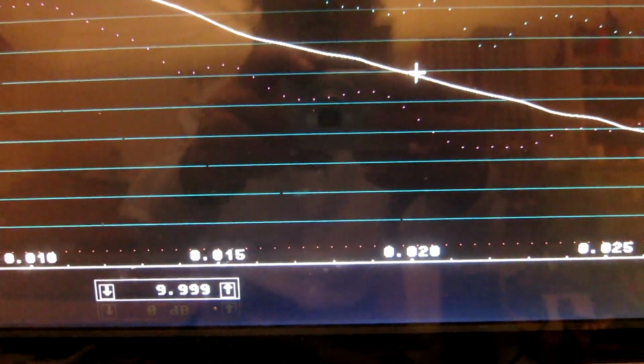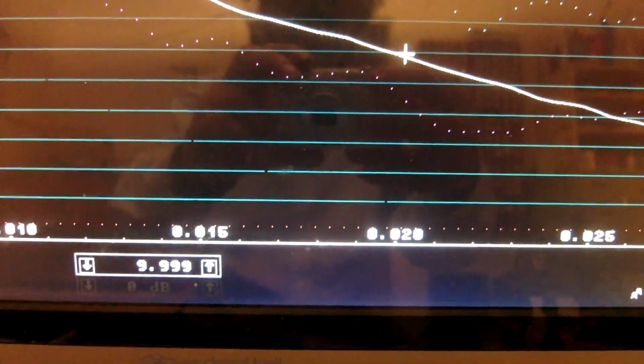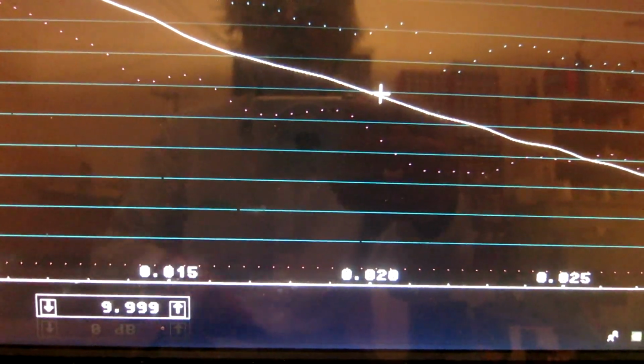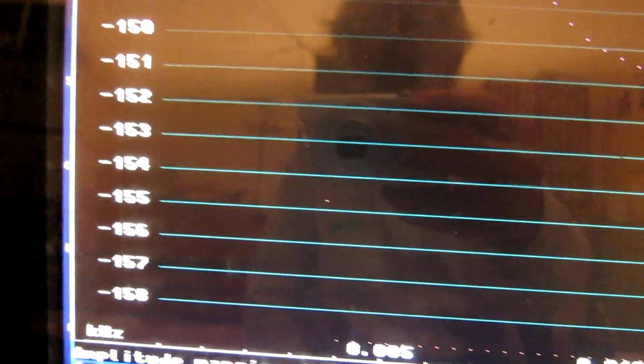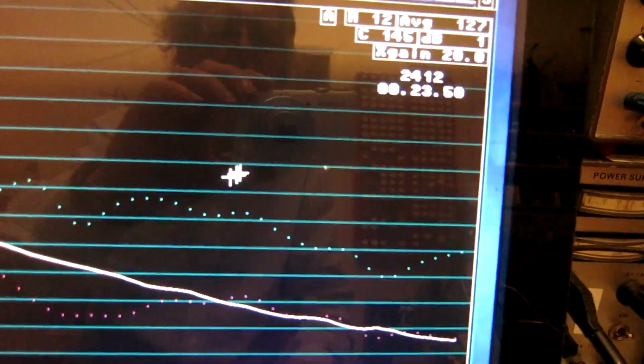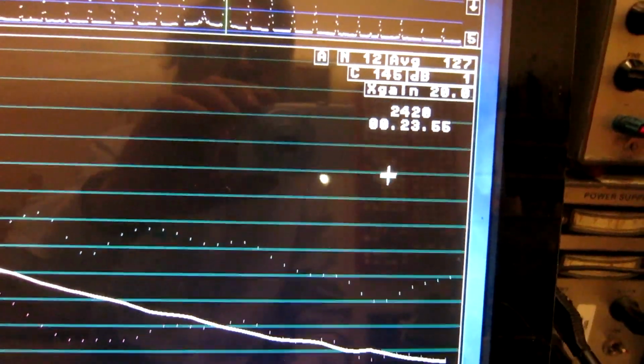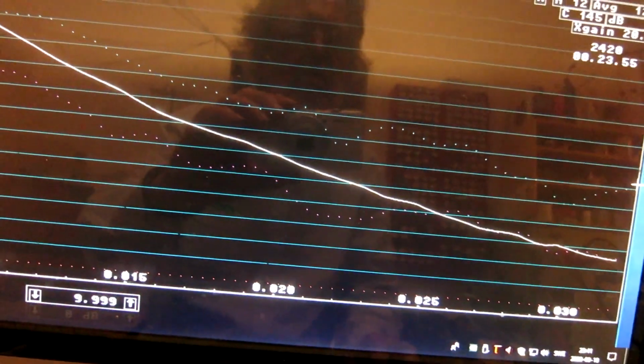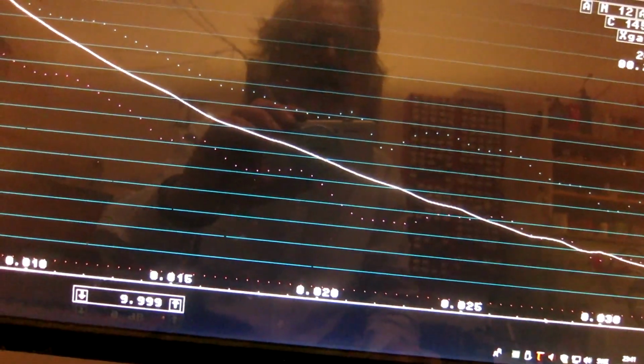Right now I see minus 153.1 possibly, 153. But that is after 23 minutes. I will first look a little bit at how fast this converges, so I clear the average here.